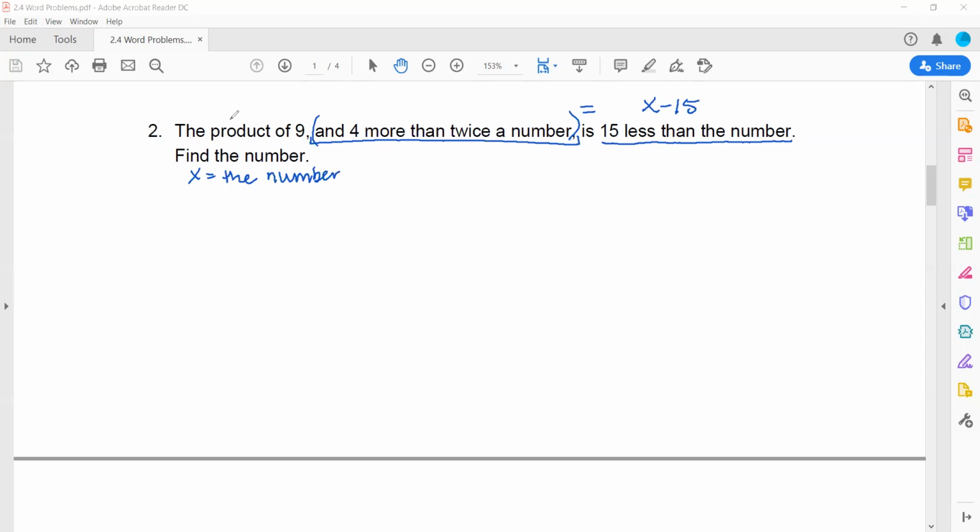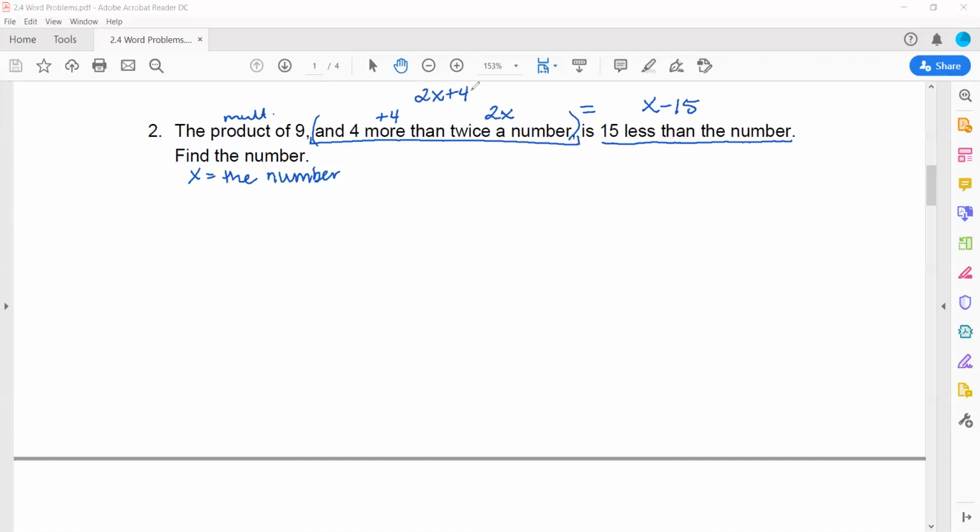Remember, this means multiplication of 9 and 4 more than twice the number. So this here is telling us that this needs to be grouped because of these commas here. So 4 more than twice the number. 4 more means we need to add 4. Twice the number is going to be 2x. So we need to have 2x plus 4.